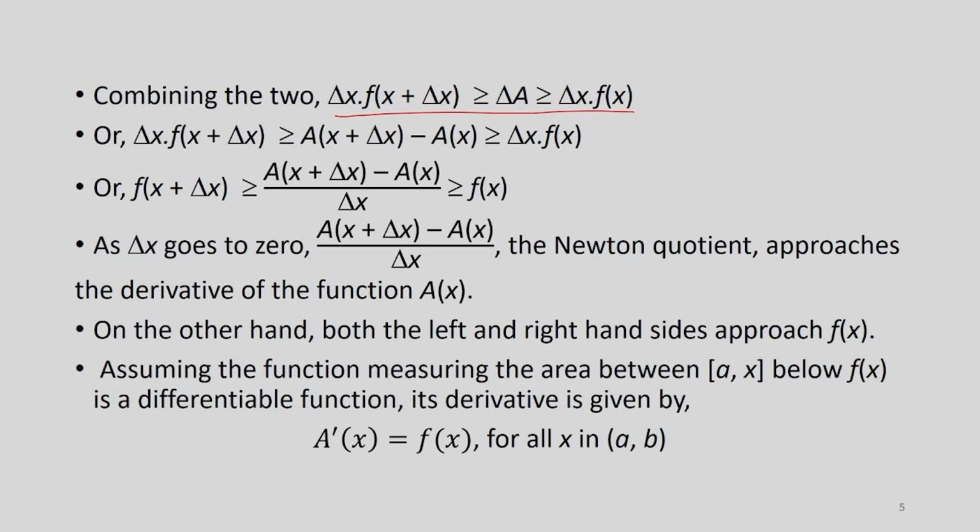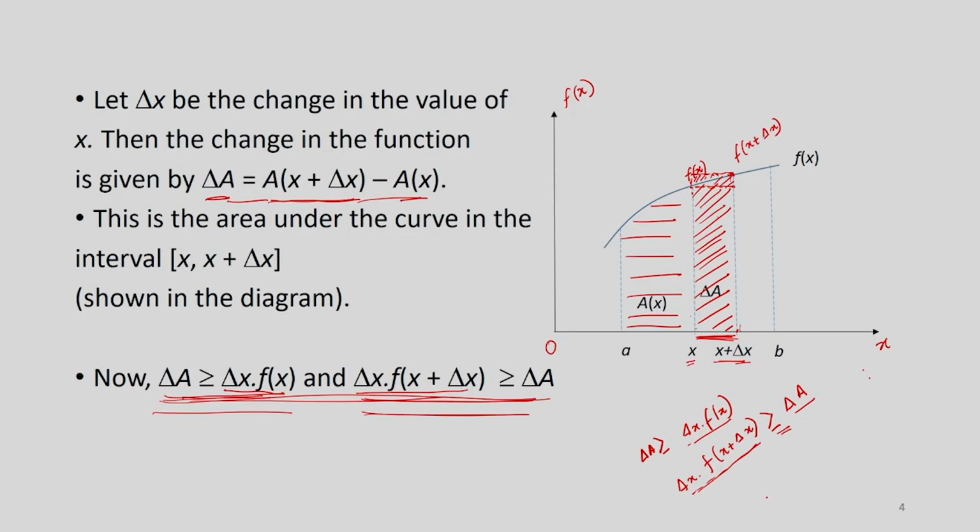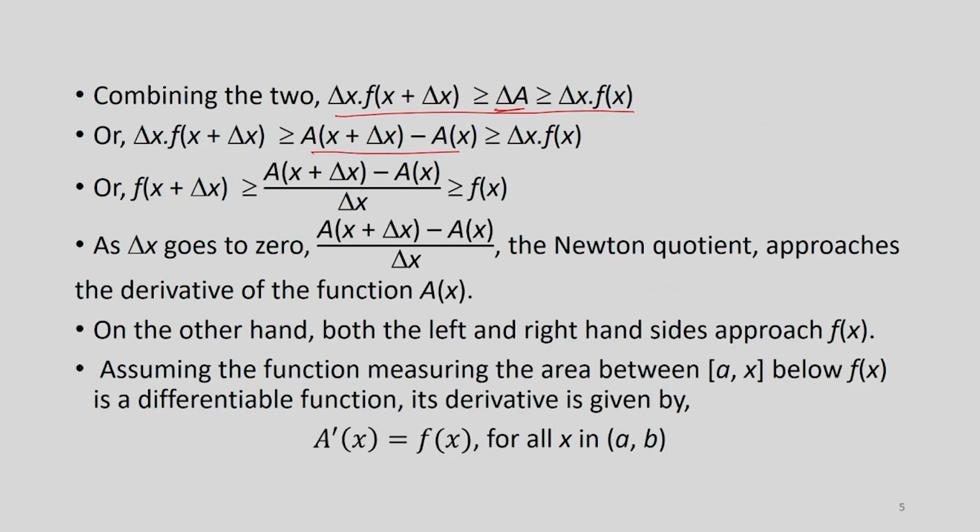Okay. Now, I am going to use something which I have just found out earlier, that delta A can be written as A of x plus delta x minus A of x, and this is something we have talked about earlier. I am just going to substitute this in this place. All right. And next we divide all these three expressions by delta x.